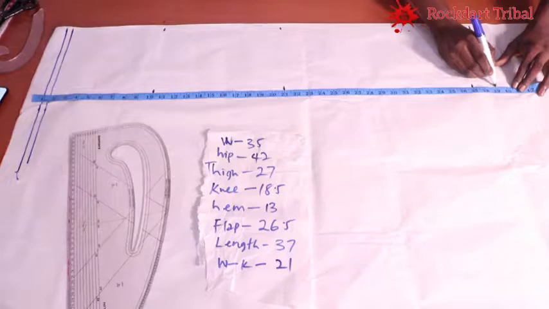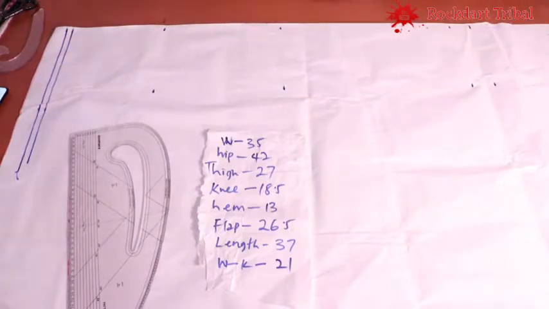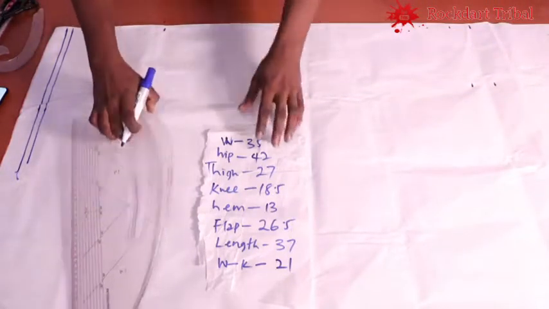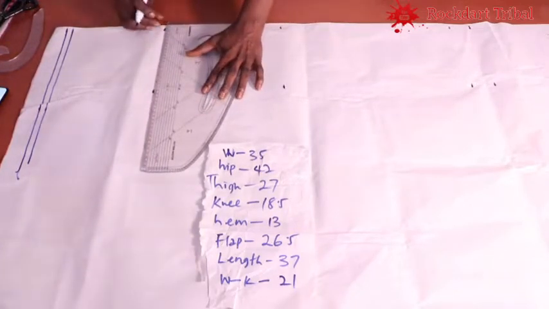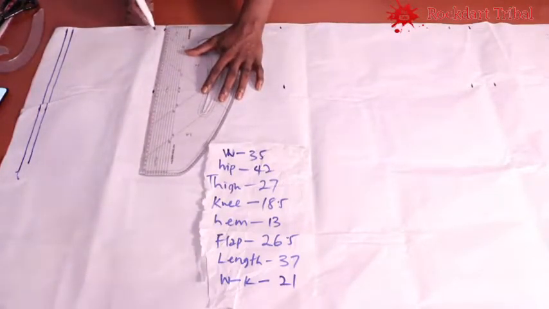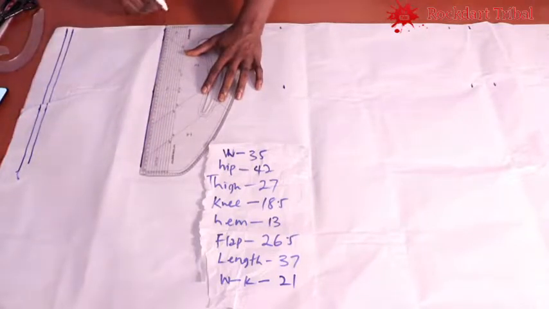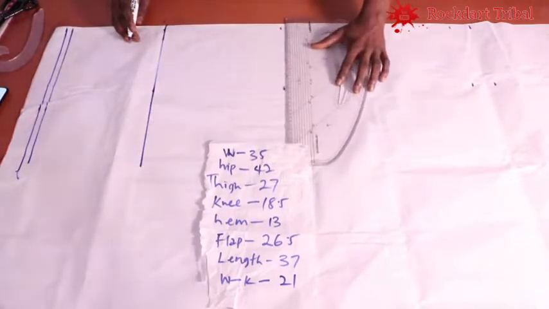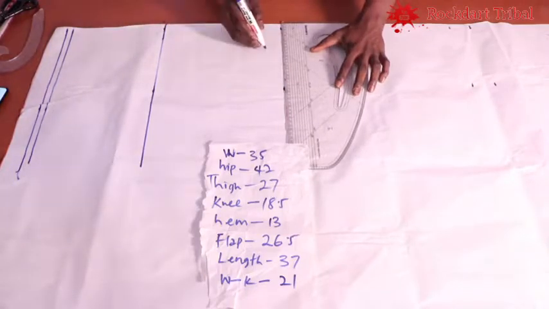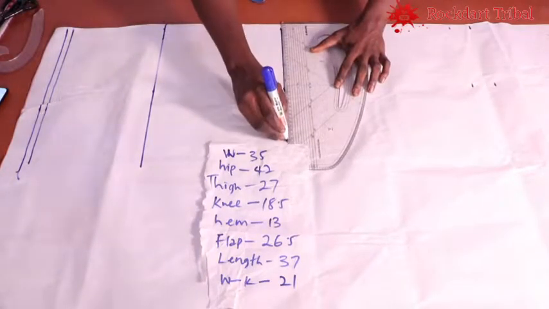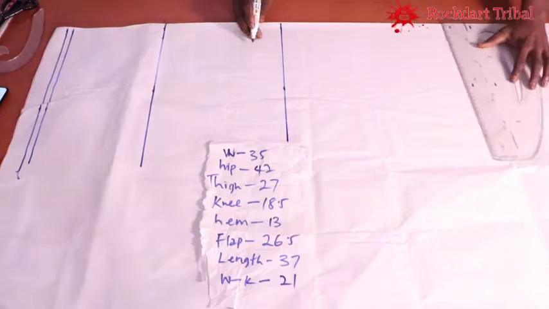Now if I were you, I wouldn't miss out any step on this video because I'll be dropping some formulas verbally. So I want you to pay attention to it. These are useful formulas that you can use for any pant size or any body size when you're drafting pants.